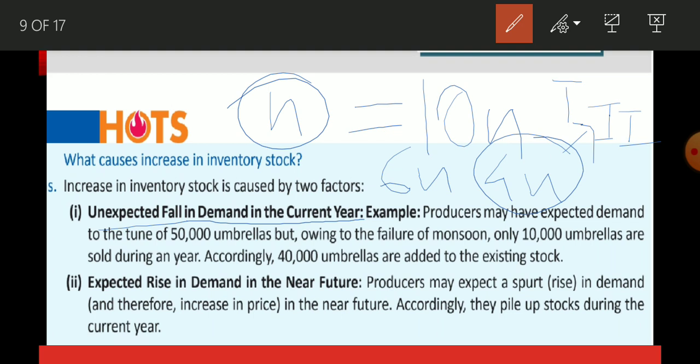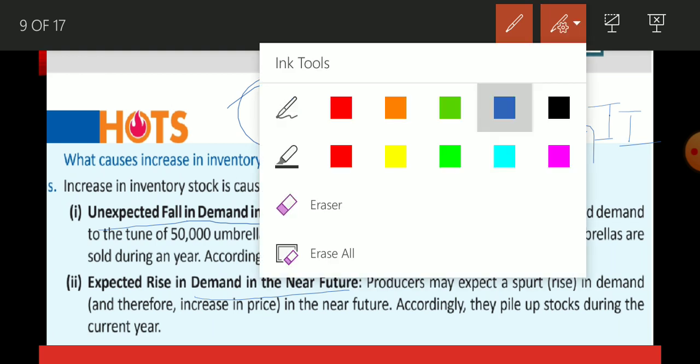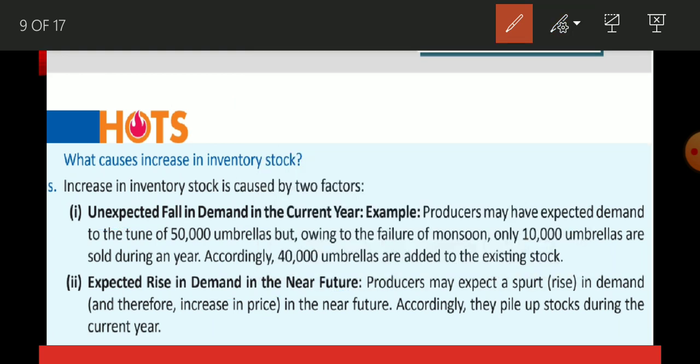Second is expected rise in demand in the near future. So producers may expect a rise in demand in the near future, and accordingly they pile up stock during the current year. Suppose the wedding season or Diwali season is about to come, so they know that there will be more demand for clothes and more demand for home decor items.